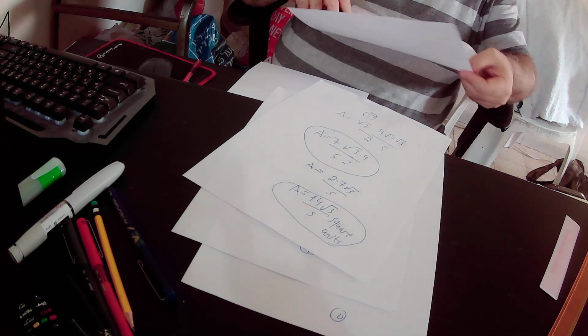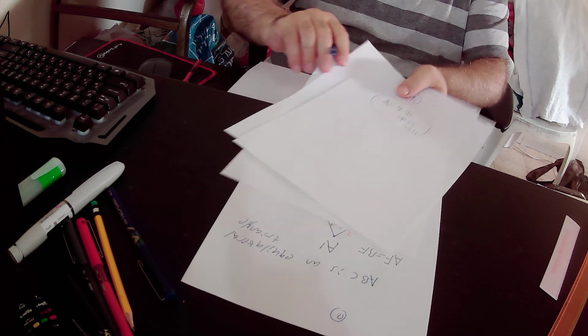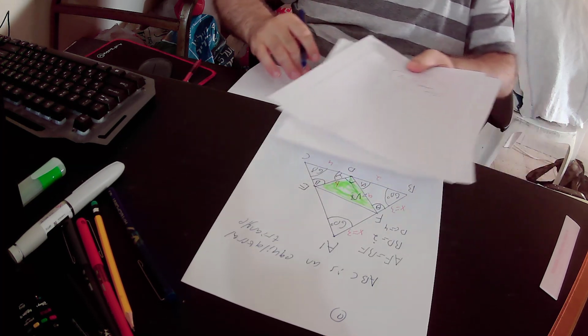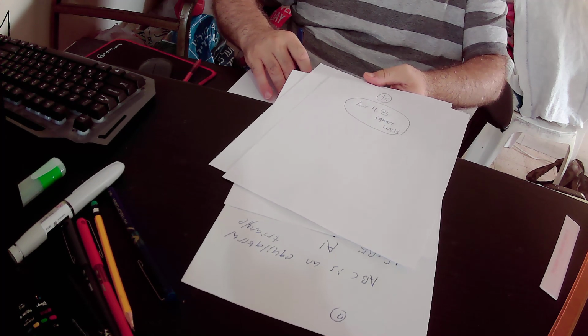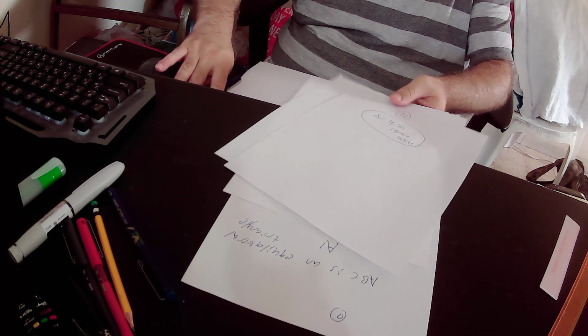Okay, so the area of the green triangle equals 4.85 square units.